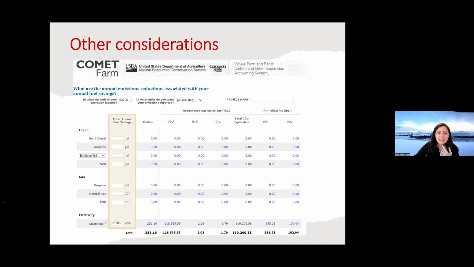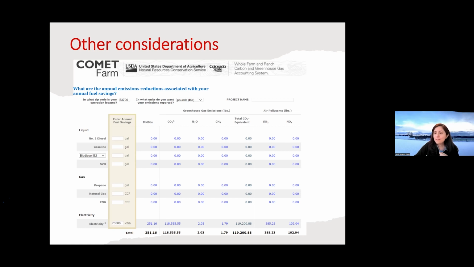It will not allow you to enter any number unless you enter your zip code. So you enter your zip code, then your electricity consumption in kilowatt hours, and it will calculate the total CO2 equivalent GHG emissions in pounds.